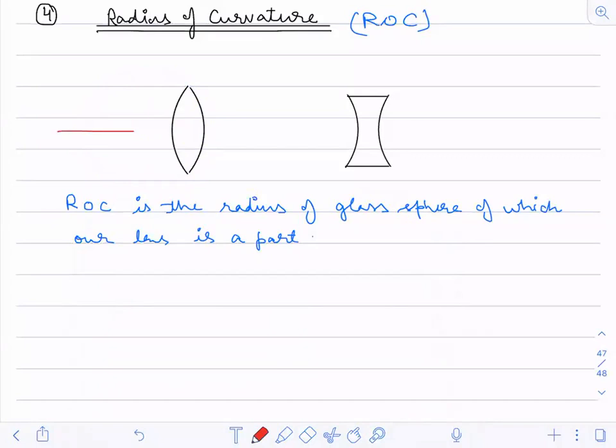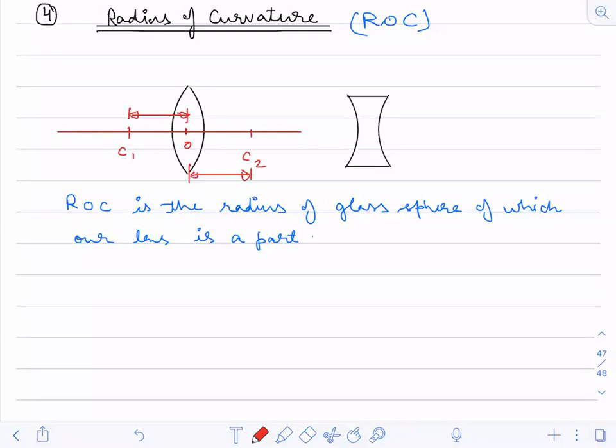So this is the optical center. Fine. This is C1. This is C2. Then this length is called the radius of curvature.